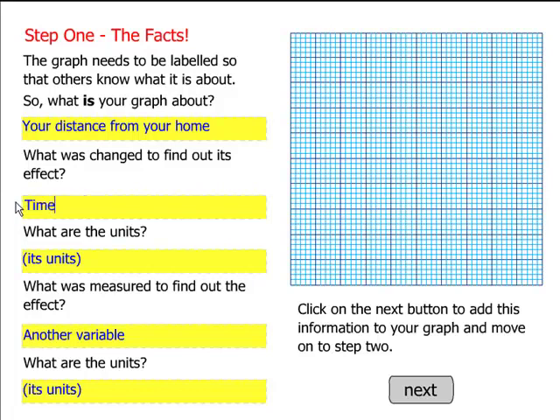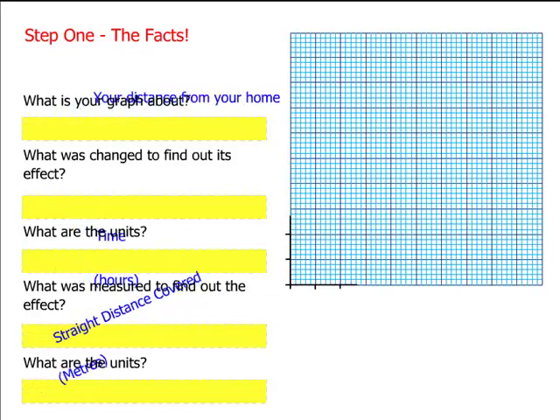The unit of time will be hours, and what we are measuring against time is your distance from home, the straight line distance covered, and the units naturally would be length units. So the independent variable is time, and the dependent variable is the straight line distance covered from the initial start, and this is how you plot on the graph.